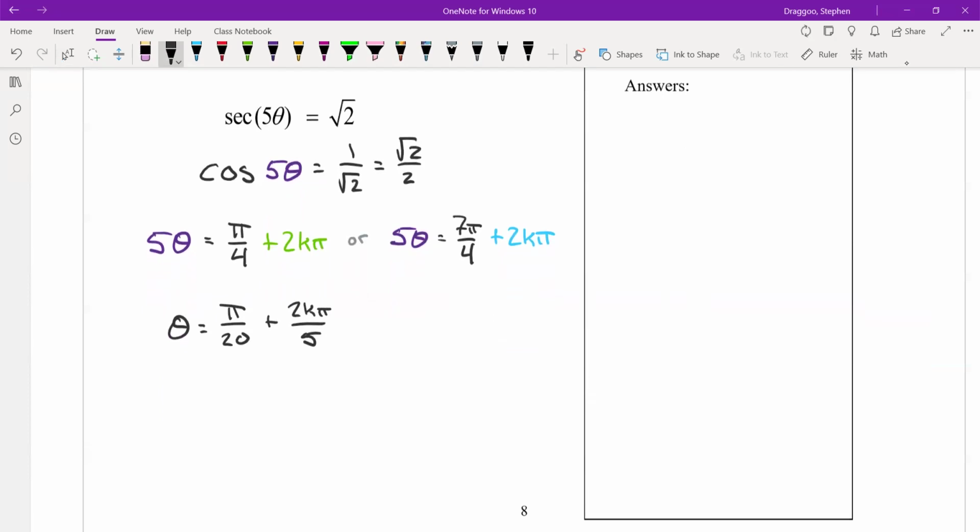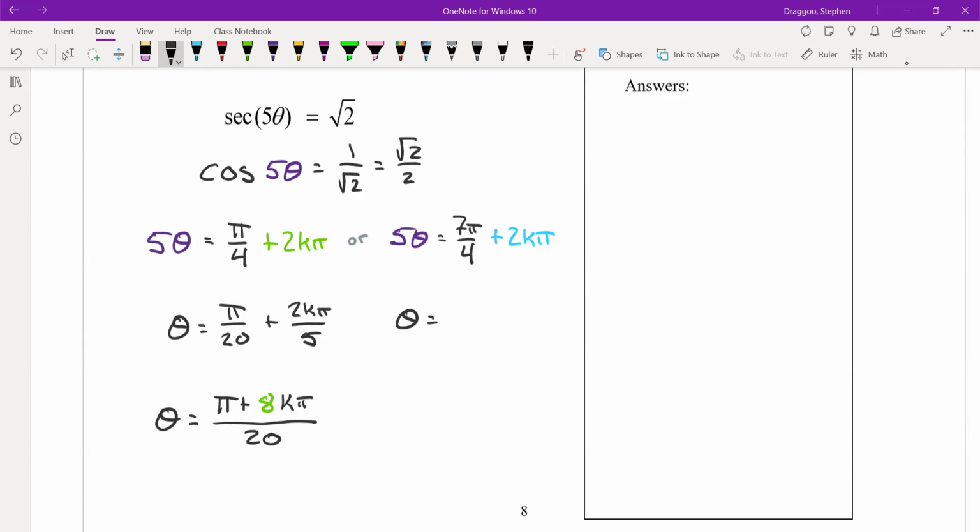Or if I get that into a common denominator, we're looking at pi plus 8k pi over 20. Our common denominator between those two fractions is 20, which means I need to multiply 4 over 4 into the fraction on the right.